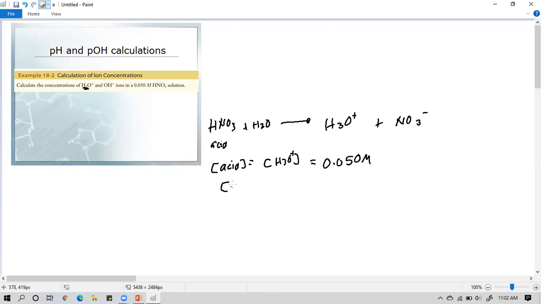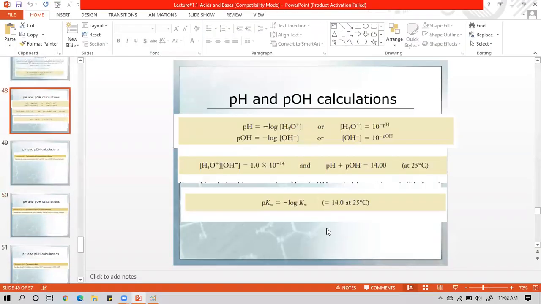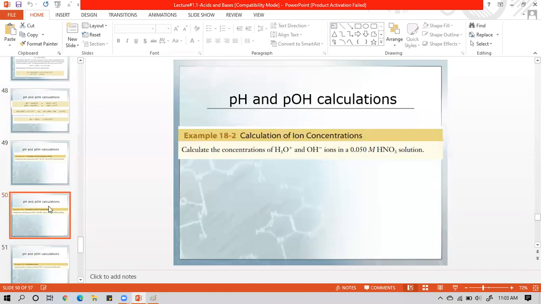But what about the hydroxide ion? What could its concentration be? We will use the formula on this slide: hydroxide ion times hydronium ion equals 1.0 times 10 raised to negative 14.